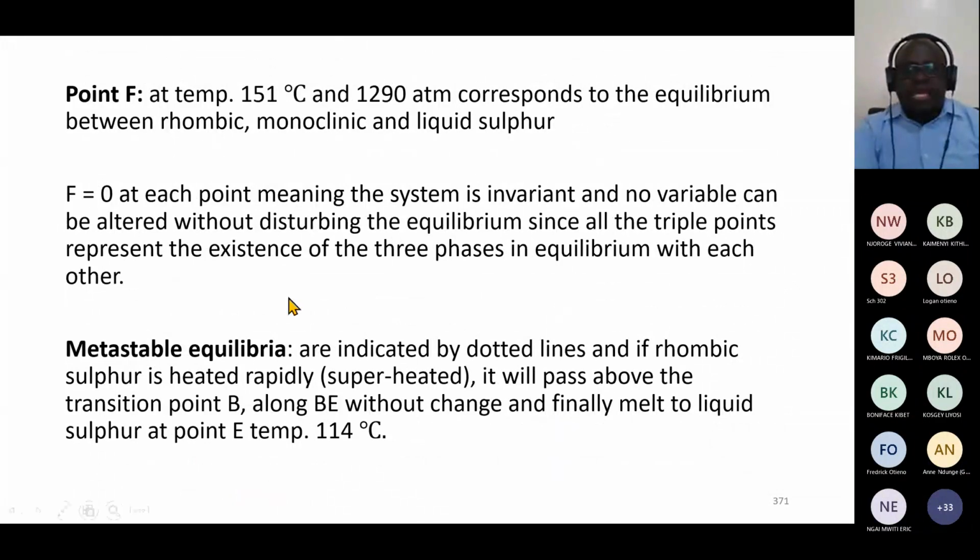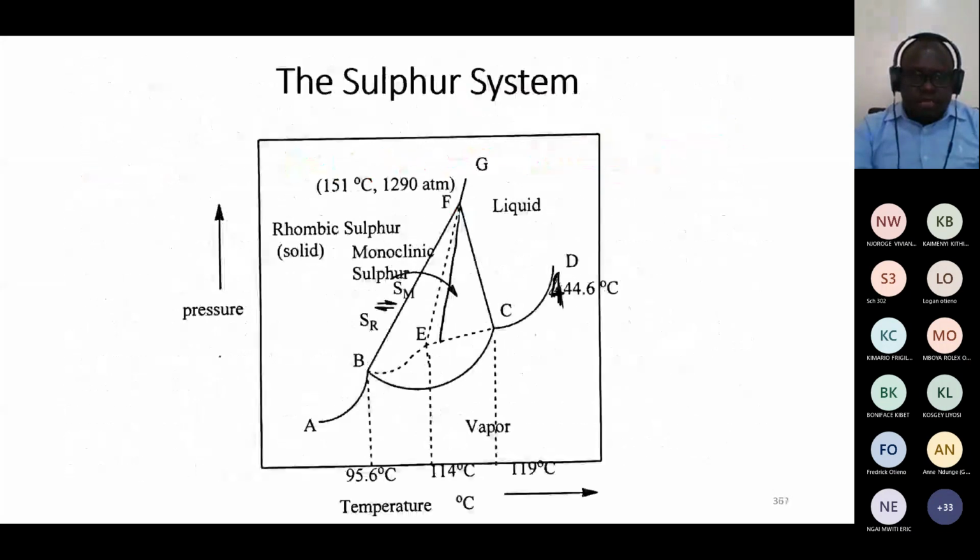And then we have point F at the temperature 151 degrees Celsius. I think you're going to notice an anomaly in the diagram here, because as it is, this point does not look like it is at 151.